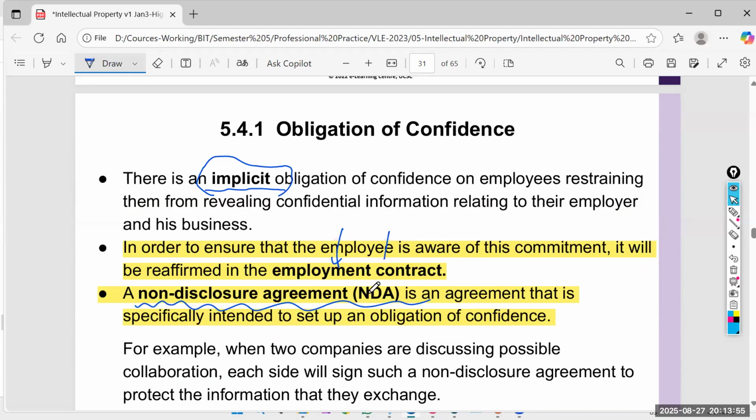Usually, especially when you work as a software engineer, your employer gives you the NDA to sign as part of your contract of employment. That is a pretty normal thing.